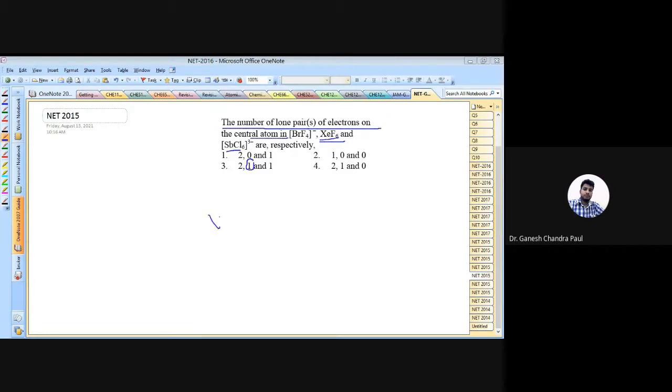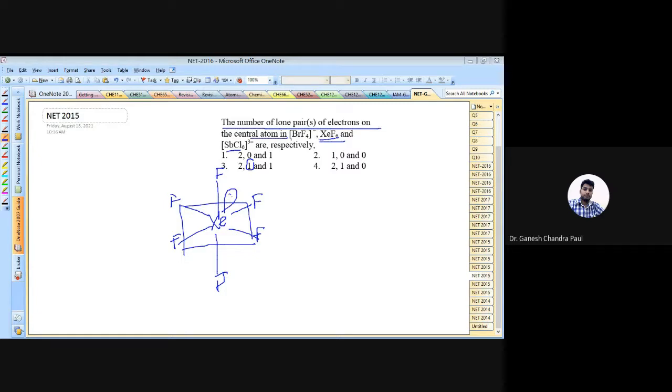And the lone pair is basically present in the interstitial position of this distorted octahedral geometry, right?